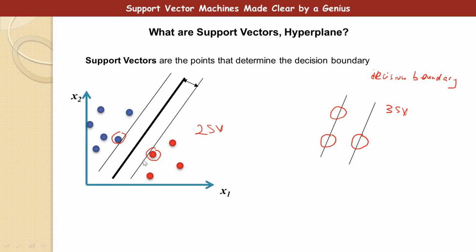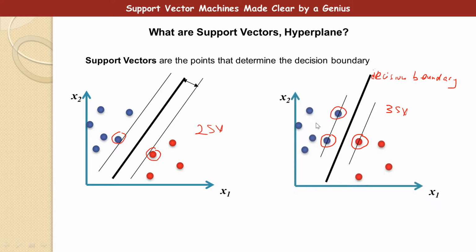So support vectors are the points that determine the decision boundary. At this point you have this blue point close here, and also this point. For this second figure, you see 3 points determine the decision boundary, so there are 3 support vectors here. Here we have 2 support vectors.